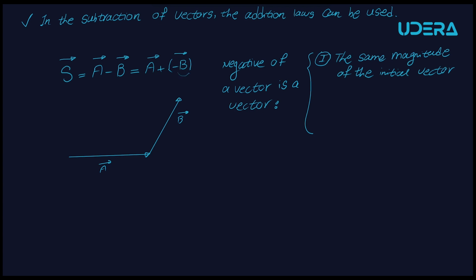So you see here, this is B and this one is B. The second important point is that they have the same line of application, or they are parallel.